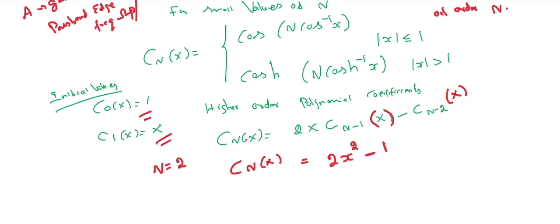So the Cn of x is 2x squared minus 1. This is C2 of x.